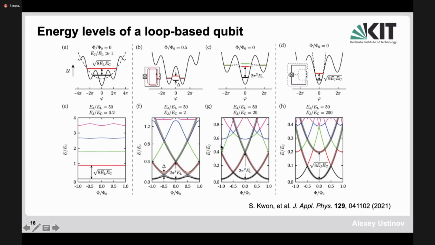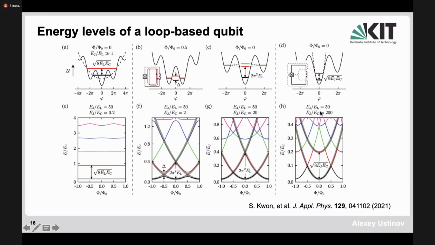All these three plots are chosen here for this ratio being equal to 50. And below you have a variation of energy levels going to larger and larger ratio of EJ to EC. So you start going from roughly a charge qubit, which is shunted by inductance, to a more and more transmon-like qubit, which is shunted by large inductance.